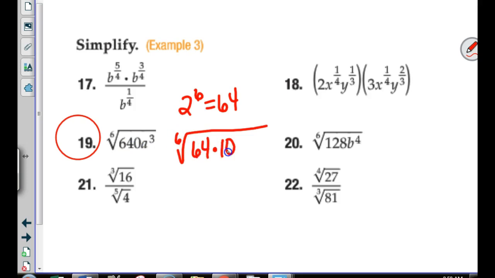We just can't do the 6th root of this. And I don't think we can do anything with that a cubed either, can we? So who's going to get out of jail? What's the cubed root of 64? You just told me. 2. And then left we have the, whoops, 6th root. Oh, just keep confusing you. 6th root of what? 10a cubed. Yep.